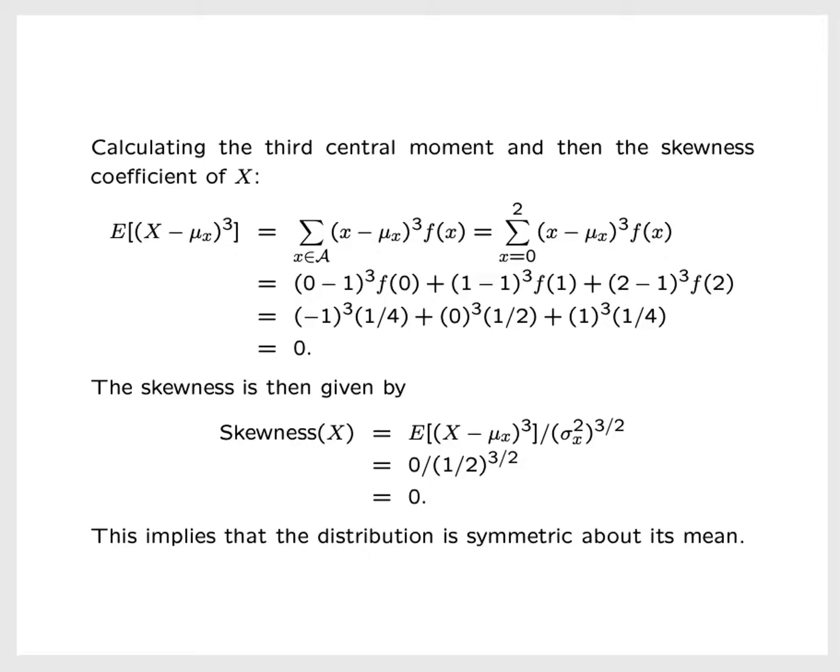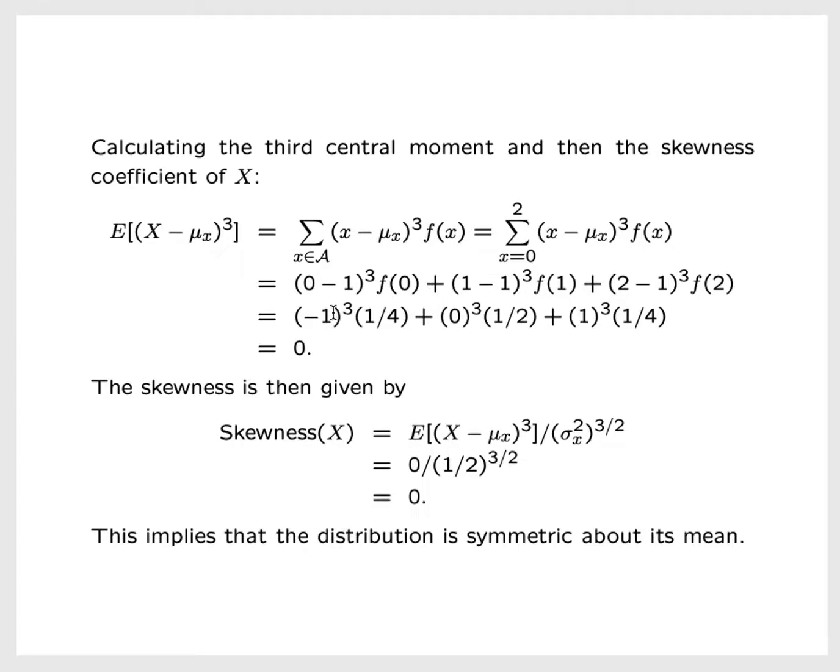Now to calculate the skewness coefficient, we'll first calculate the third central moment. So by definition, the third central moment is the expected value of x minus mu all to the third power. And so that's going to be the sum over the values of x in the sample space, x minus the mean, which remember was 1. We cube that difference and then multiply that cubed difference by the PMF.